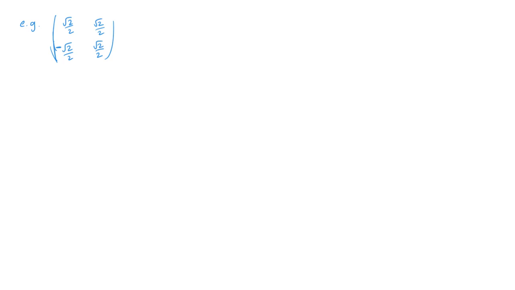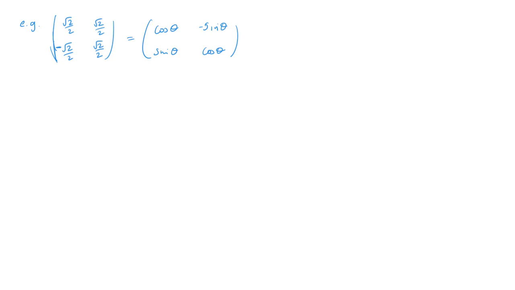Now, when I'm given a matrix such as this, and I want to work out what the angle of rotation is, I need to compare it to the original. So the original is my cos theta, sine theta, minus sine theta, cos theta.